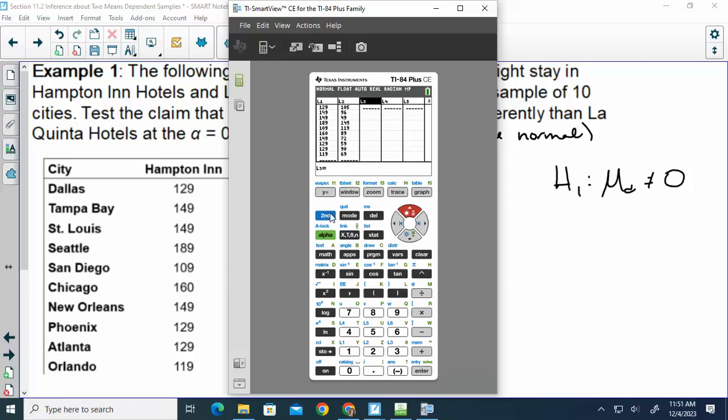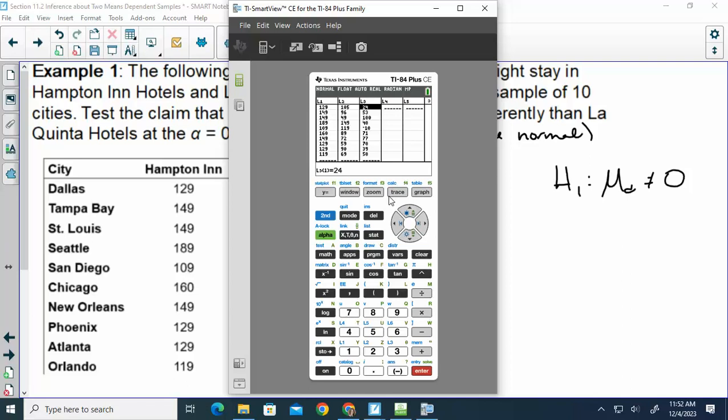So if you hit second and the number 1, that's L1, minus, second number 2. So it tells me list 3 is list 1 minus list 2. And hit enter. And it will automatically find all of those differences. All right. That is the one piece that is different from what we were doing on our last quiz. I had to find the difference.